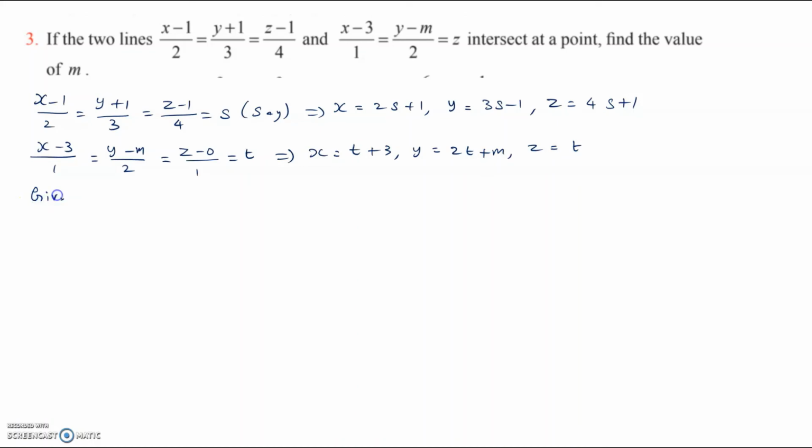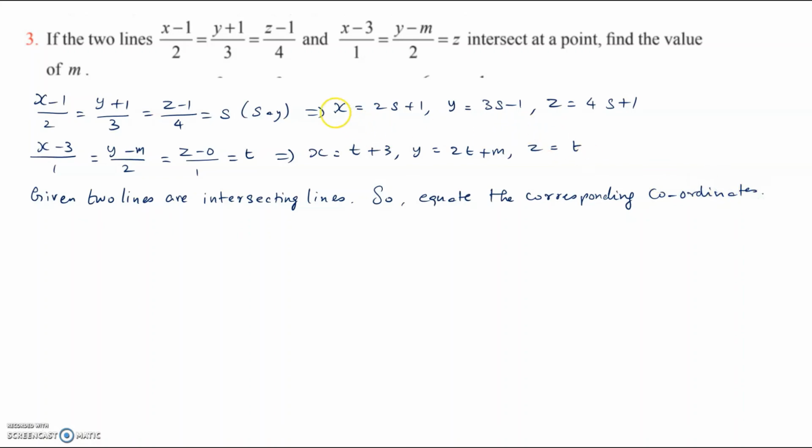The given two lines are intersecting lines. Okay, so let's equate the corresponding coordinates.